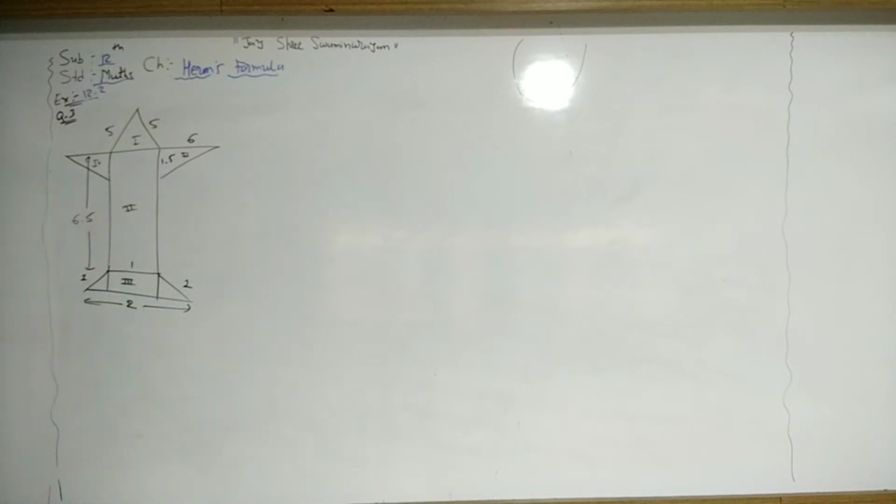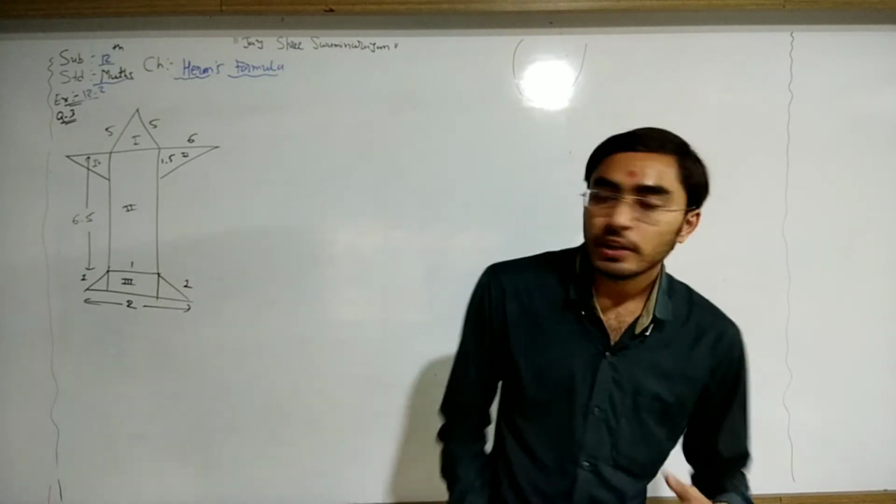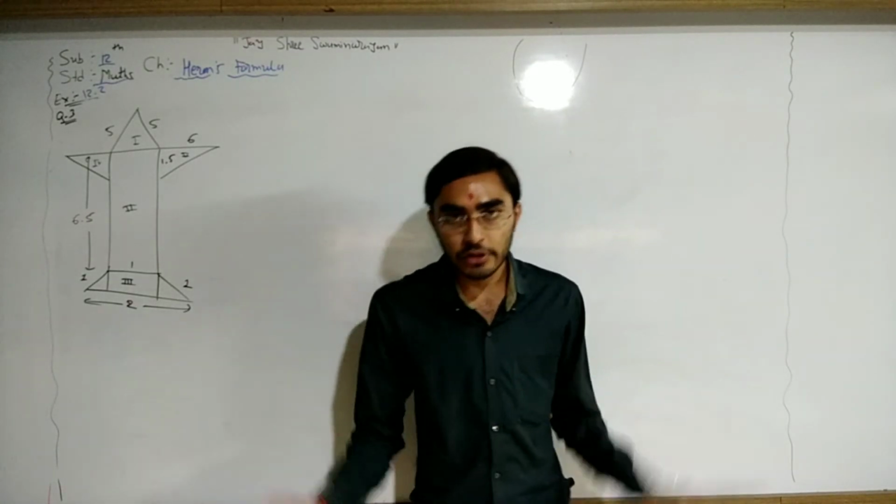So one by one, we need to find the area of all the parts, and finally the area of the aeroplane is the addition of the areas of all the 5 parts.